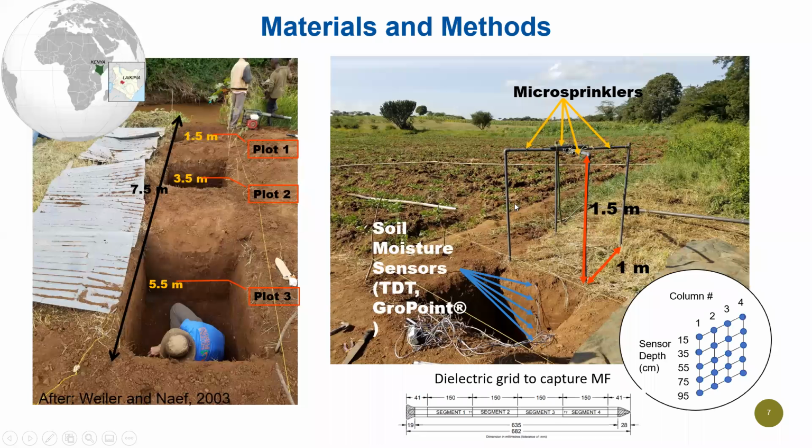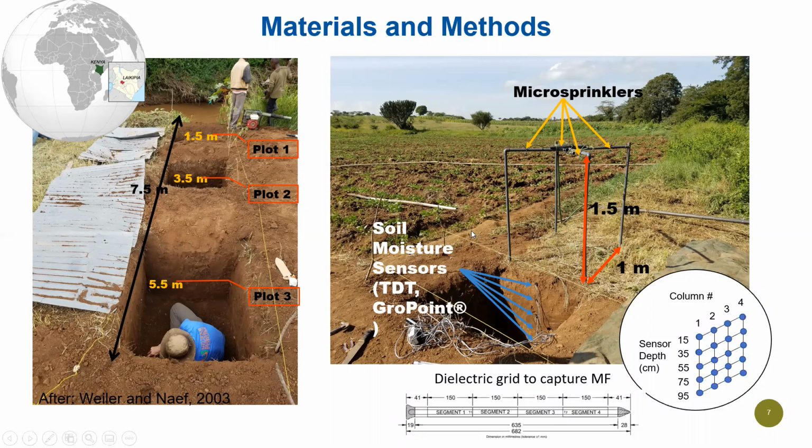The field infiltration experiments were performed in an agricultural riparian buffer in Laikipia County in Kenya. First, 3 holes were dug in a transect of the riparian area to install the required soil moisture sensors at different depths beneath the corresponding plot.